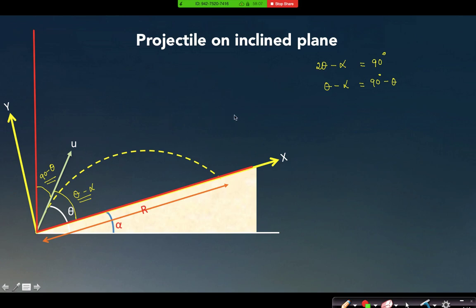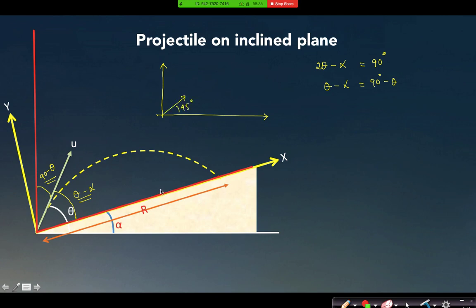Clear? Now you can also find an interesting fact regarding the last statement that I have made. When I project a particle from ground, is that statement also valid in this case? When I project this particle from ground, what is the angle between the vertical line and this plane? 90 degrees. And in which direction do you have to project in order to maximize the range? 45 degrees, right?